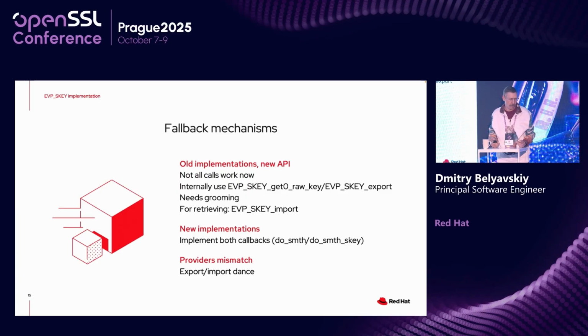So we do our best to make sure that if the key is available in traditional raw-based representation and the symmetric key callback is not implemented, it will fall back to the old implementation if it's provided. But this fallback mechanism internally uses UPSK get raw key or UPSK import to try to access the raw-based representations.